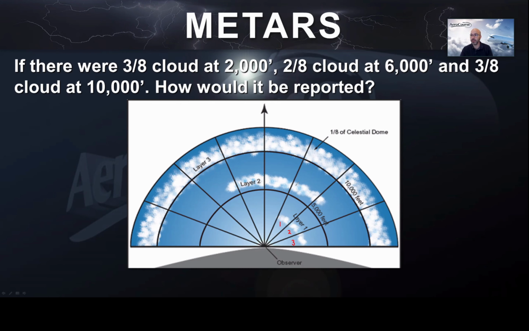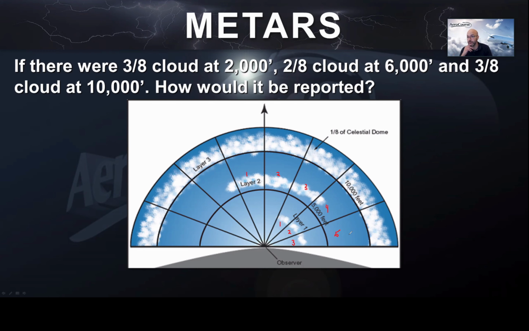But the problem is because it's a summation, the system doesn't recognize what may be hiding behind layer 1. So what it's going to say is, okay, I can see 1, I can see 2, but I can't see what's behind layer 1, so I'm going to assume that there's coverage here. So it'll be reported as if 5 oktas of the sky is covered.